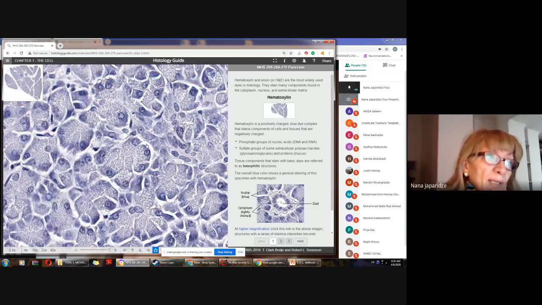That is why we can see here some type of granulation in the cytoplasm, and this granulation contains, of course, the rough endoplasmic reticulum too.